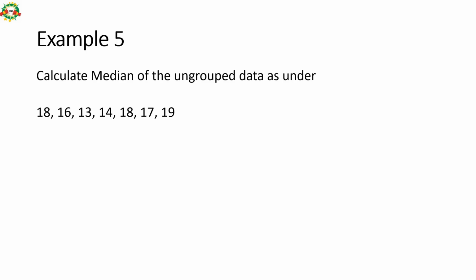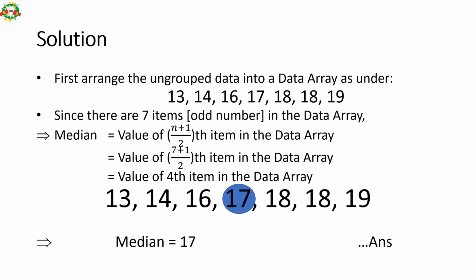Next slide. Let us calculate the median of the ungrouped data given. How many items do we have? 1, 2, 3, 4, 5, 6, 7. It's an odd number of items. Let's see the solution. First we have to arrange the ungrouped data into a data array, that means into ascending order: 13, 14, 16, 17, 18, 19.